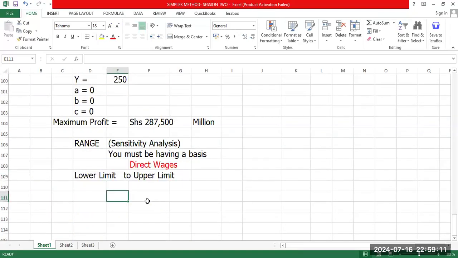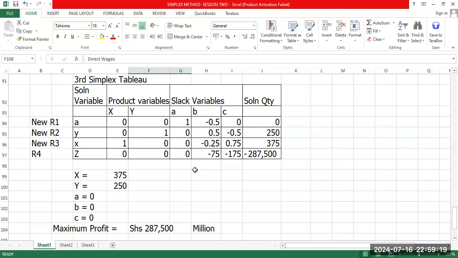You will ask yourself, which row is for direct wages? It was row 2. Direct wages, row 2. When you check in the question, the first one is direct material, the second one is now direct wages. Once you know that direct wages is in row 2, what next?